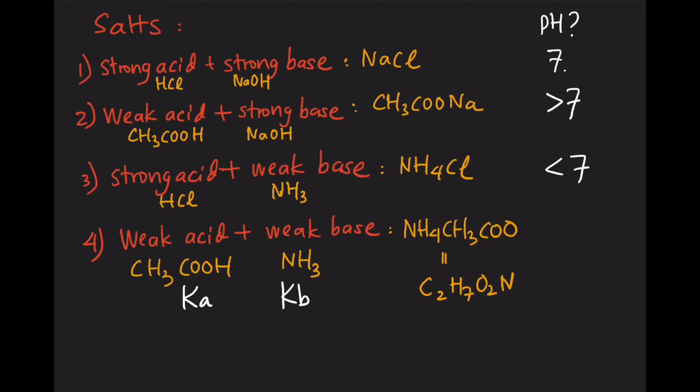The one that is bigger will determine whether it is going to be an acid or a base, and whether the pH is going to be lower than 7 or higher than 7, or in the case where the Ka is exactly the same as the Kb, we will get a system that is neutral. So the pH will also be 7.